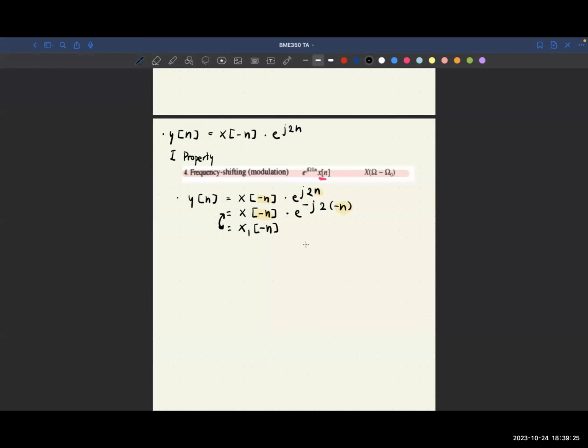I like the way you're doing it, but you have to be very careful when you change variables because you need to keep track of the change of variable. I'm sure you're going to do it right later on, but sometimes it's hard to track. Instead, if you just do a time reversal and pretend that x of minus n was a new x of n, now you're applying the frequency shift to that.